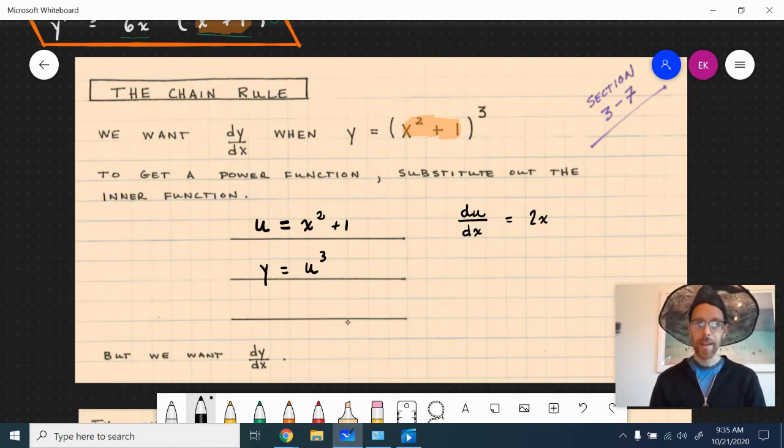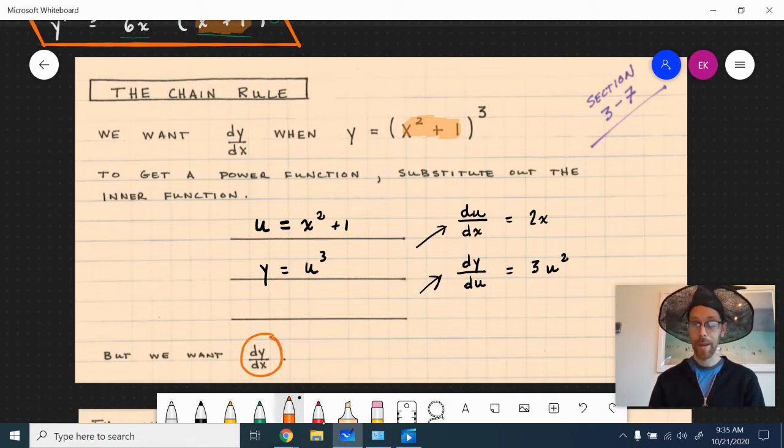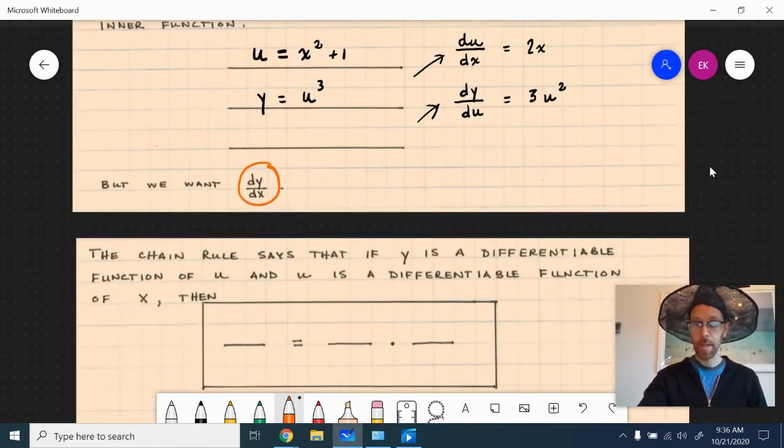And we can also say that the derivative of our y variable with respect to u, because u is our variable in the second equation, would be equal to 3 times u squared. But let's keep in mind that neither this nor this are what we're looking for. What we want is the derivative of y with respect to x. So how do we get that? Well, let me scooch down the page a little bit.